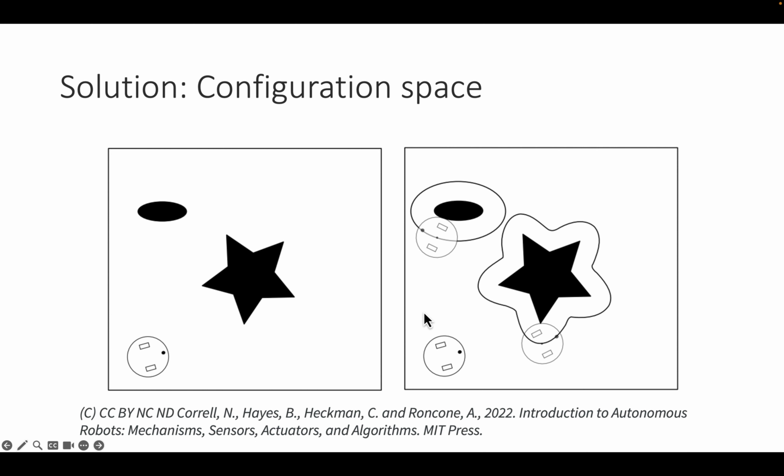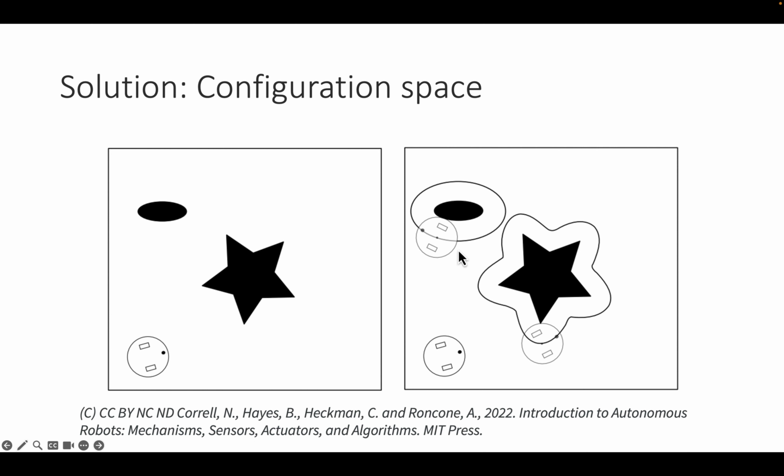And I can say that in the configuration space, wherever it is black, the robot cannot be, and wherever it is white, it can navigate. And in this case, I didn't fully color this, but I hope you get the idea. I can now just navigate between these two obstacles on this very narrow pathway here. But when I do this, I know that my robot will not hit the obstacles.